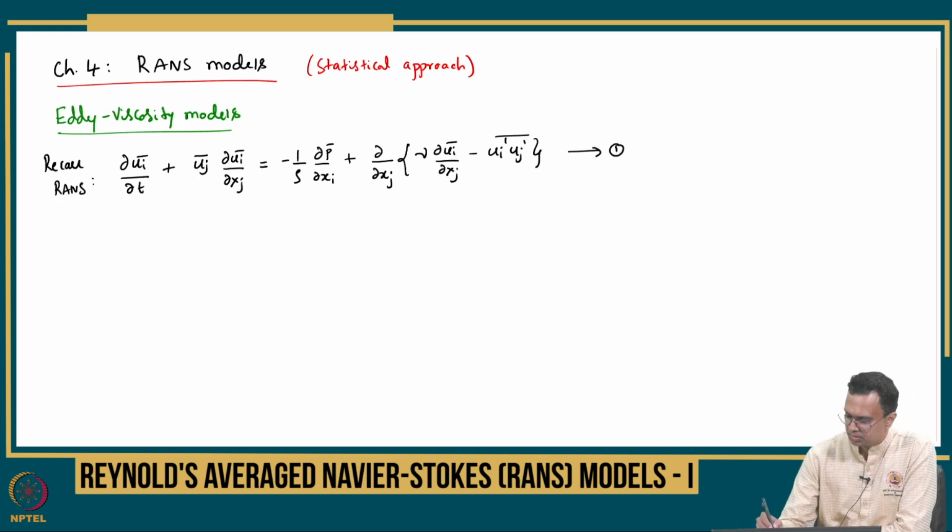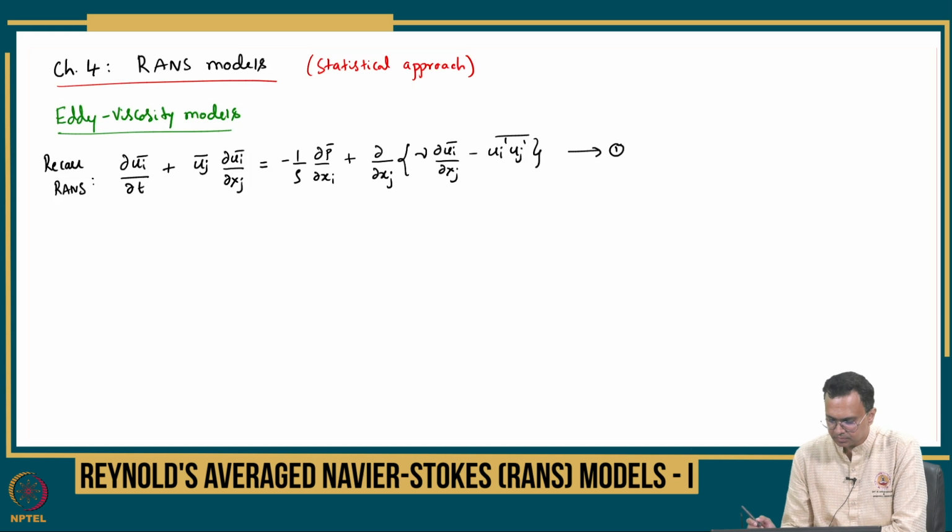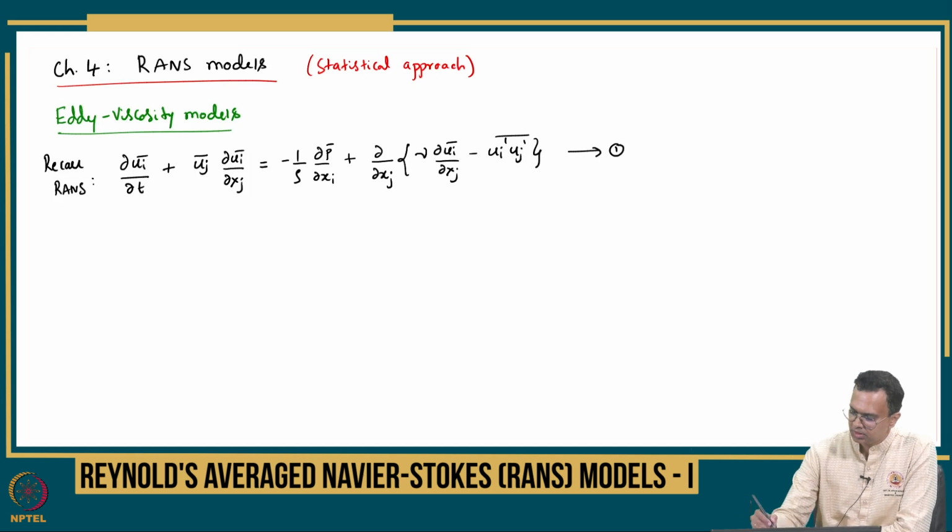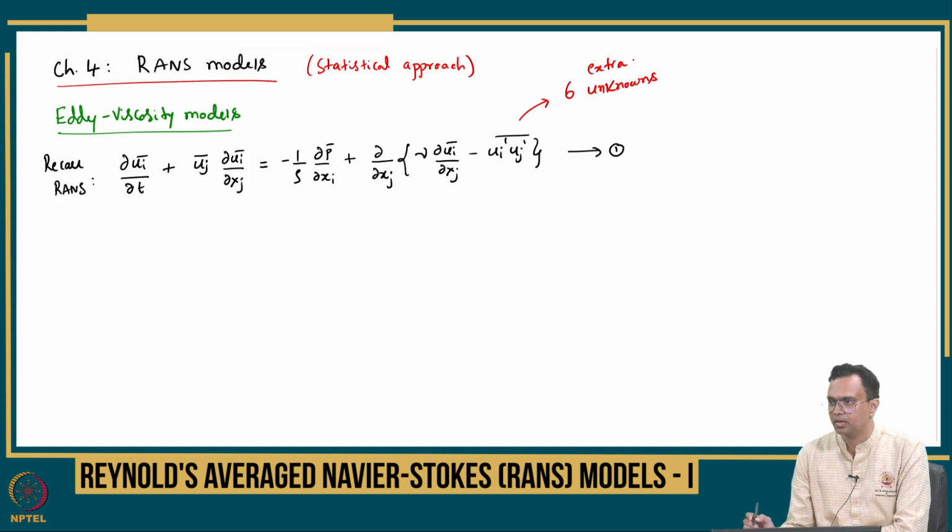Let's call this equation 1 here. So now we know that these are the 6 extra unknowns that need to be modeled to close the equation, otherwise the equation is not closed, right?